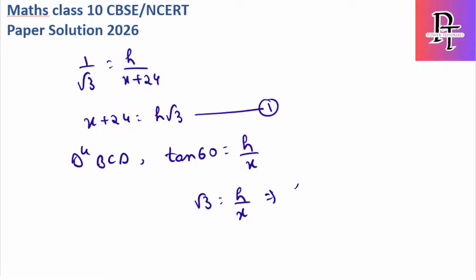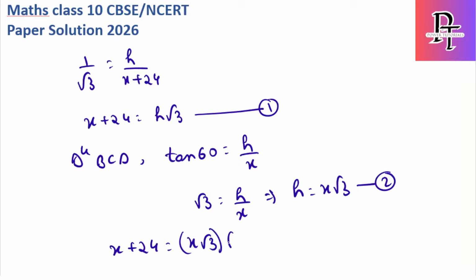From here, h is equal to x√3. Now substitute this in the first equation. We get x plus 24 is equal to x√3 into √3. √3 into √3 is 3, so x plus 24 is equal to 3x. So 24 is equal to 2x, and we get the x value as 12.